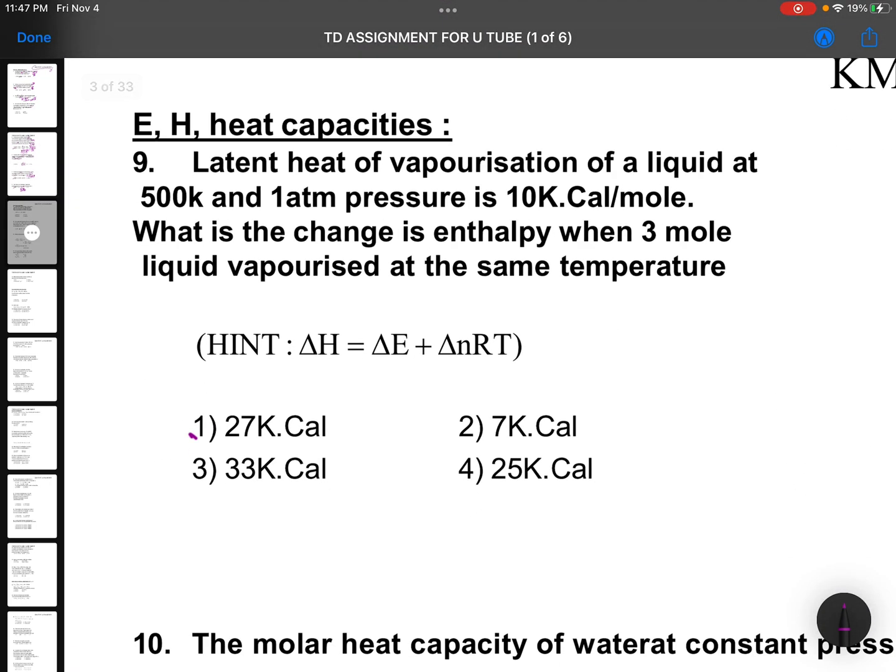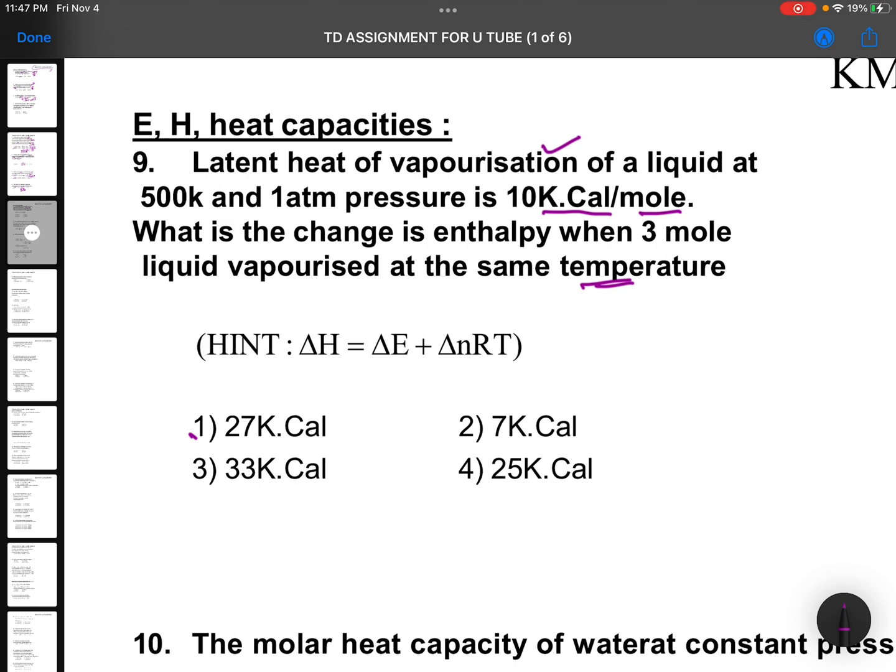Latent heat of vaporization of a liquid at 500 Kelvin and 1 atm pressure is 10 kilocalories per mole. What is the change in enthalpy when 3 moles of liquid are vaporized at the same temperature? Very simple, he has given the latent heat of vaporization of a liquid at 500 Kelvin and 1 atm pressure.